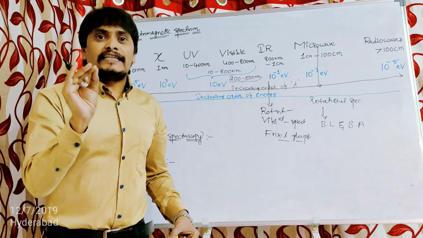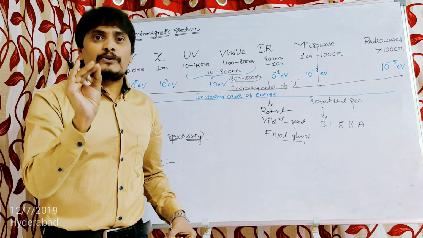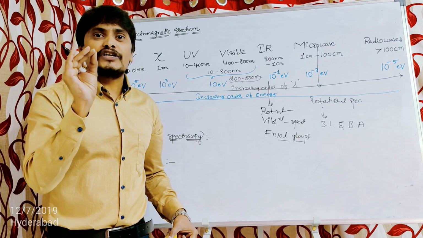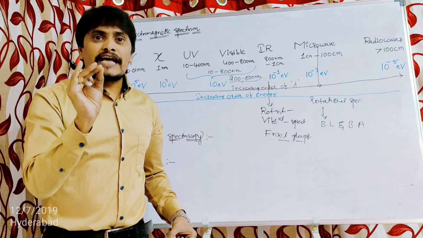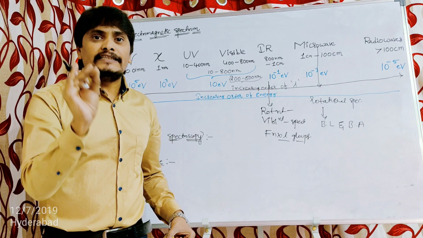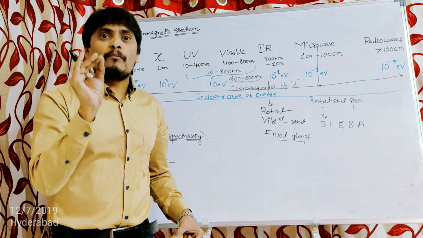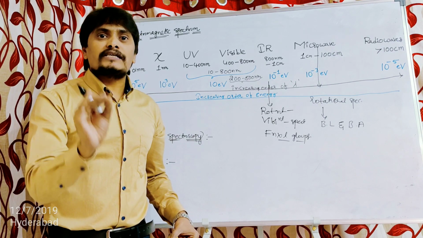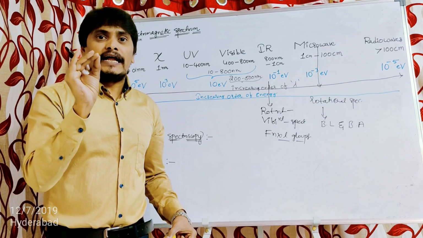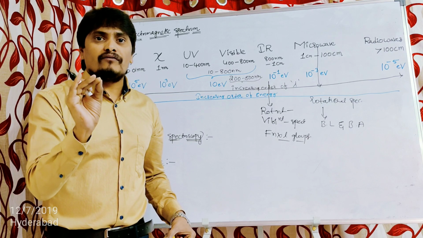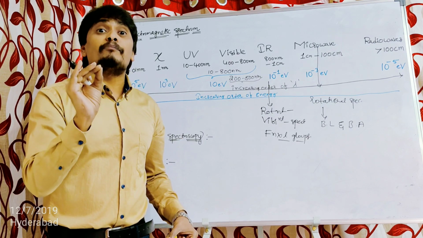Accordingly, we can say that UV visible spectroscopy gives the information about the number of unsaturated bonds present in the molecule. That is, how many double bonds and triple bonds are there in the molecule can be revealed with the help of UV visible spectroscopy.